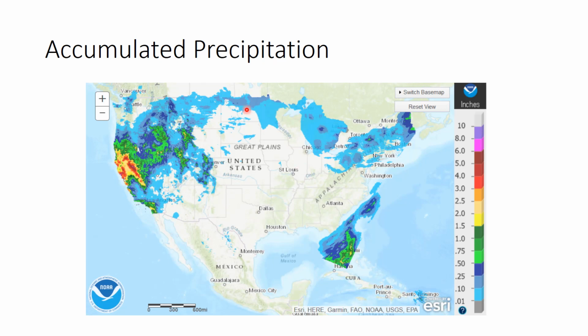Areas that are very light blue represent light precipitation, typically between 1/100th and 1/10th. Areas of slightly darker blue are between 1/10th and 0.25. Areas of even darker blue are between 0.25 and 0.5. Areas of light green are between 0.5 and 0.75, and so on and so forth.